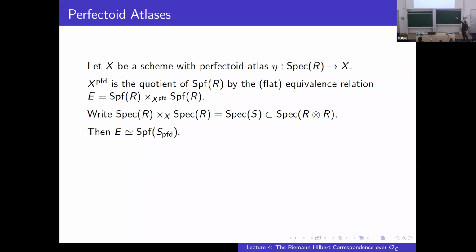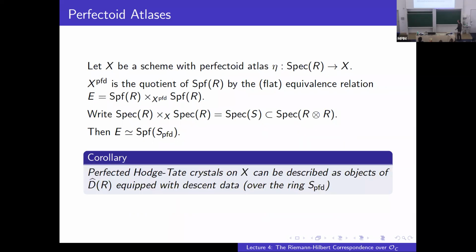And that S can be written as a quotient of a perfectoid ring, and therefore, or at least after p-adic completion, it can. And therefore it's the kind of S that admits a perfectoidization. And then this equivalence relation is just the formal spectrum of what that perfectoidization is. And this gives you a reasonably concrete handle on what these perfectoid Hodge-Tate crystals are.